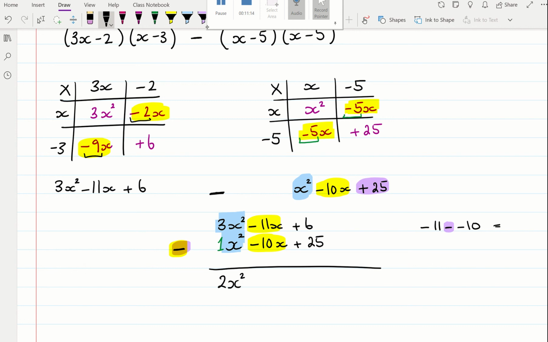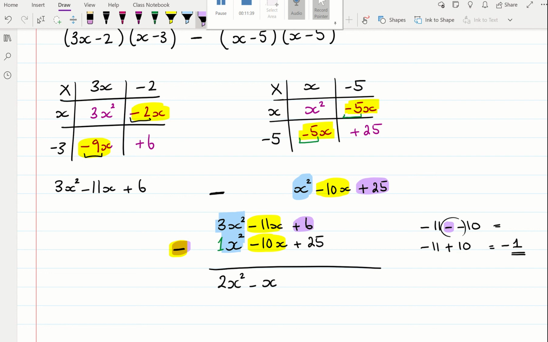Really important, because these two next to each other, they become a plus. So negative 11 plus 10 is negative 1. So that is negative 1x or negative x. And then you've got a 6 take away 25.